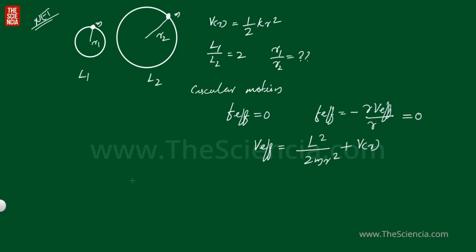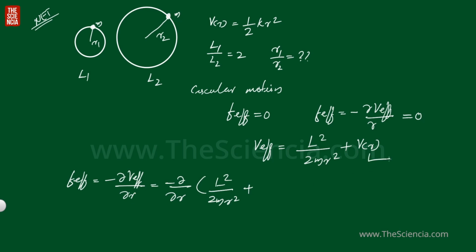So we can find out the F effective, that is equal to minus dou V effective by dou R, that is equal to minus dou by dou R of L square by 2 m r square plus V of R. Here this V of R is given, that is equal to half k r square. So what we get? We get F effective is equal to L square by m r cube minus k r.